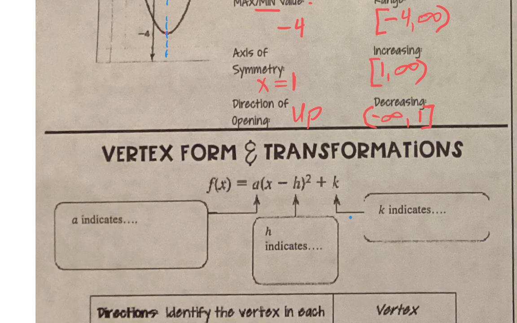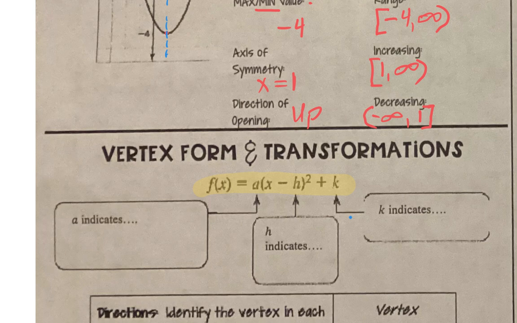Vertex form and transformations. This is our generic form for vertex. Highlight that. And the A indicates what?